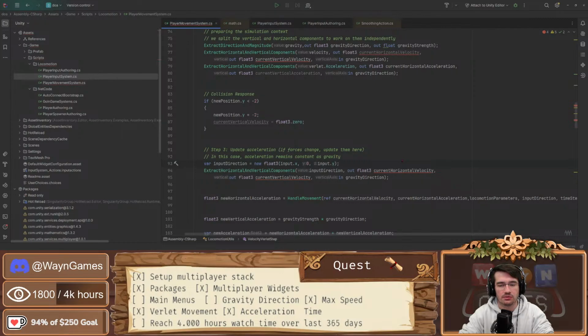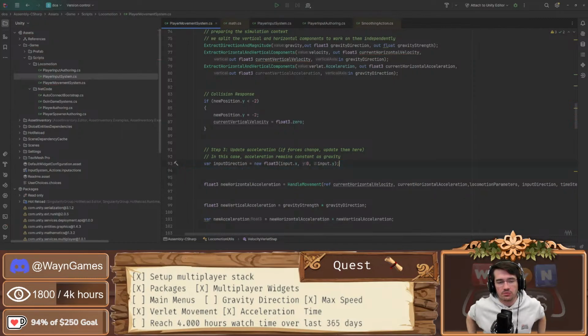And there is no referential. The input here is in world space, and I probably want to have it relative to camera or something like that.